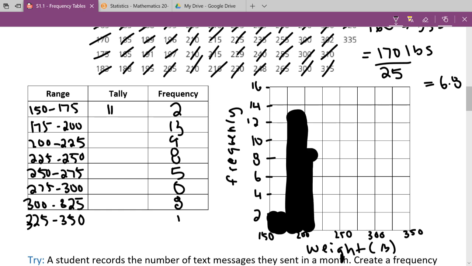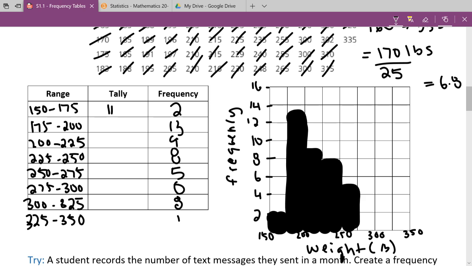Now I'm going to go halfway between the 10 and the 8. 225 to 250, I had 8, so I'll go right to that line. 250 to 275, I had 5. 275 to 300, I had 0, so that whole column is going to stay empty. And then 300 to 325, we pick back up with 8. 325 to 350, I just have 1.